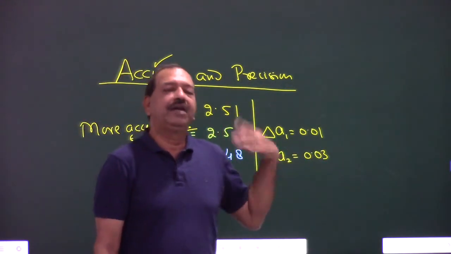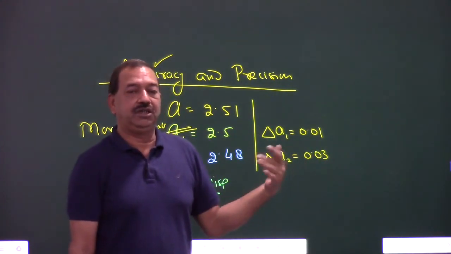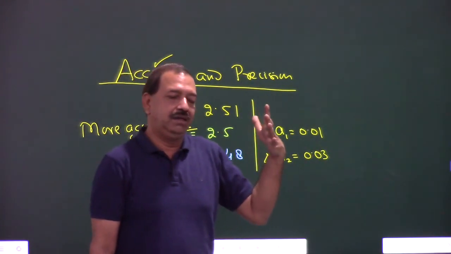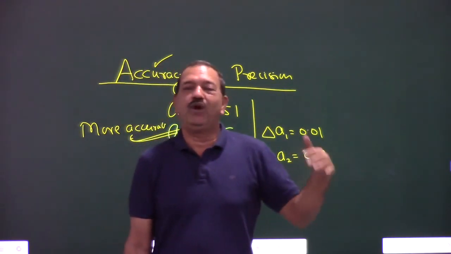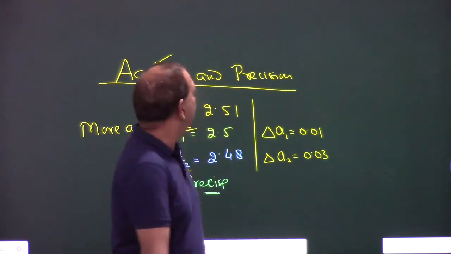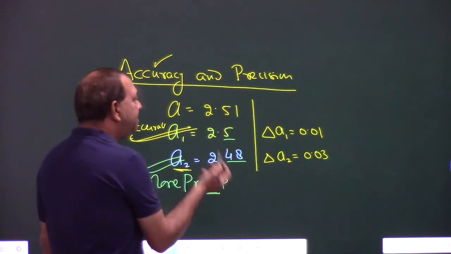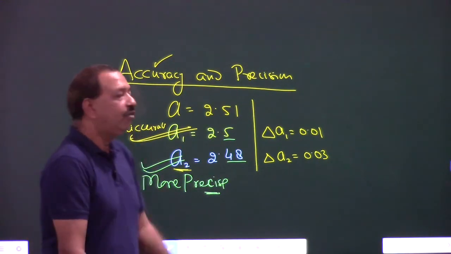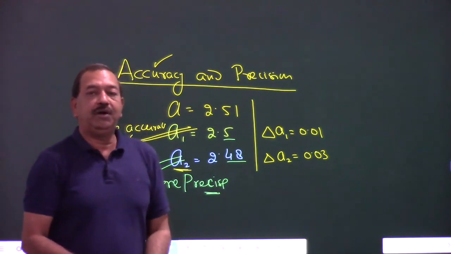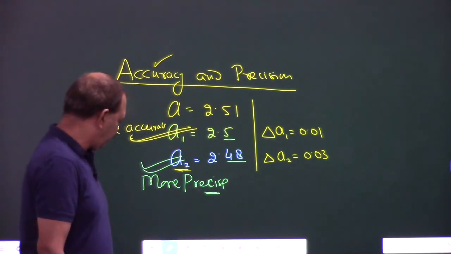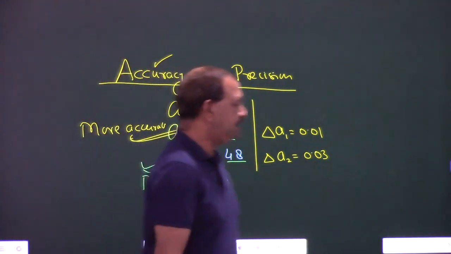Precision means a greater number of decimal places or smaller resolution, जिसमें भी smallest to smallest measurement possible हो. Like in this case measurement is possible up to 2 decimal places. In this case measurement is possible only up to 1 decimal place. So this is about how to find out error, what is error, how to calculate that, what is accuracy and what is precision.